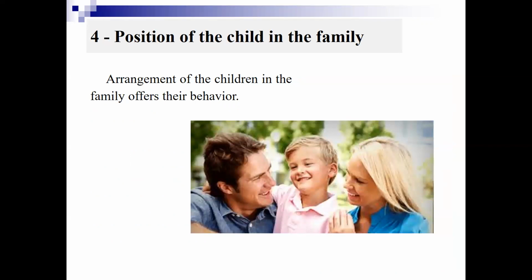The next important factor influencing child behavior is the position of the child in the family. The arrangement of the children in the family affects their behavior. Children's character is shaped by many factors, of course, but position in the family is especially important because it is continually reinforced throughout life. After all, childhood is a time when we form all our habits, characteristics, and personality.